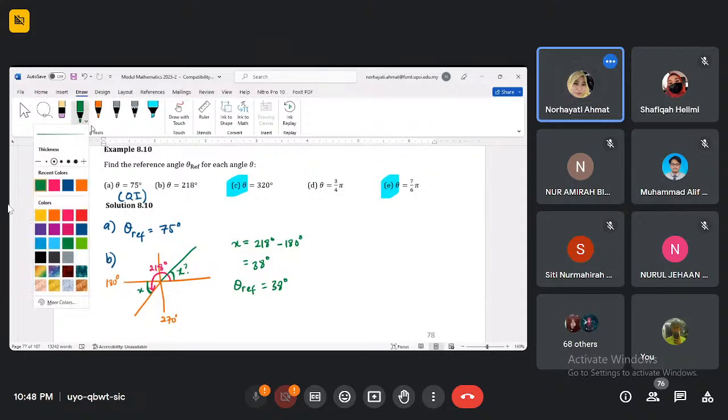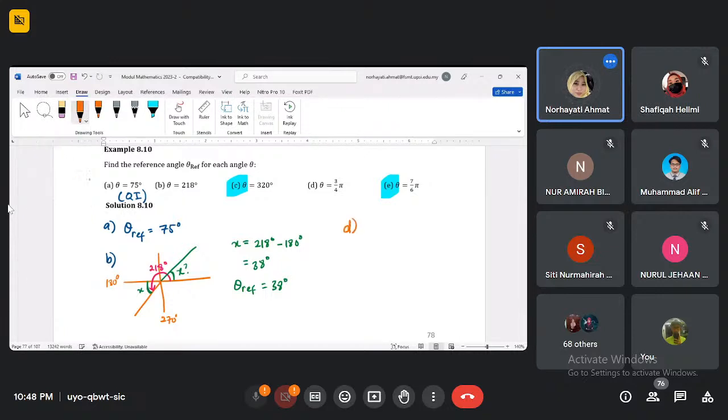Okay, last one. Okay, soalan D. Theta is 3/4 pi. Kat mana kedudukan dia ni? 3/4 pi. Which quadrant? Second. Second quadrant. Good. Okay, second quadrant. Okay, kalau kita lukis kat mana dia?